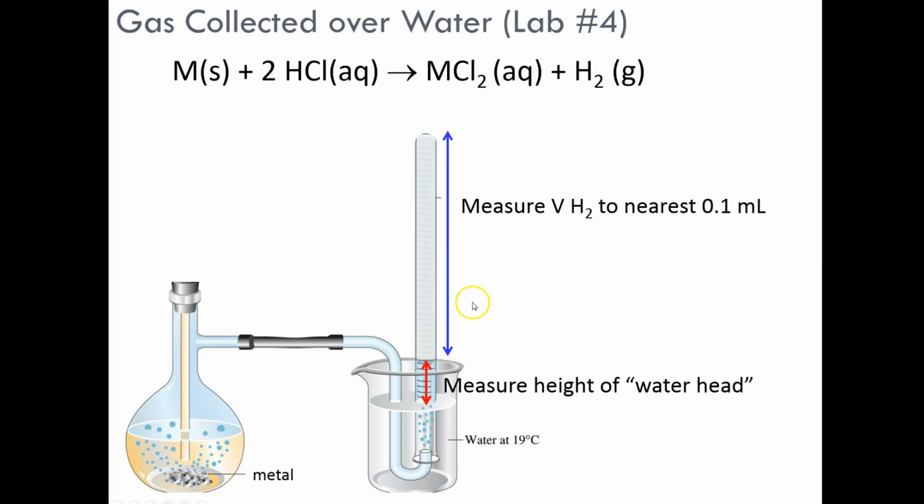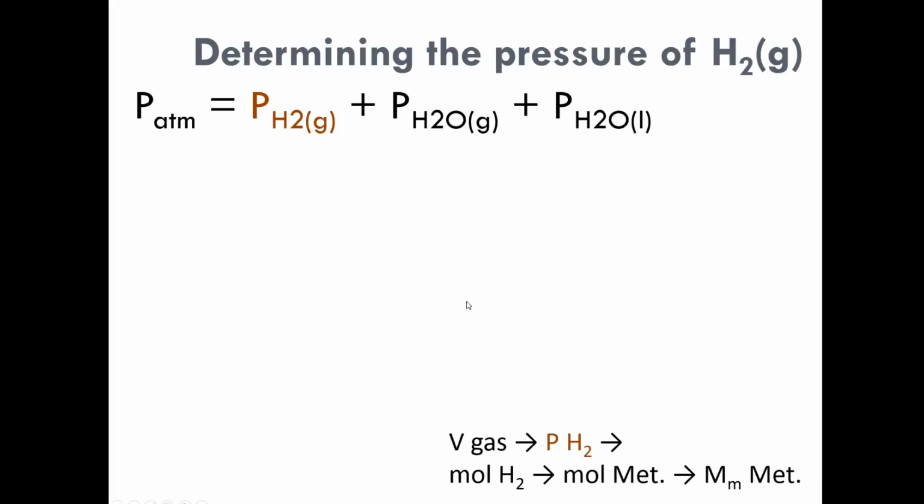It is hydrogen gas mixed with water in its vapor state. If we can find out how much pressure there is in that tube that is due to the water in the gas state that occupies that volume, and if we know these other values, then we should be able to figure out the pressure of just the hydrogen gas that's also in that bubble.